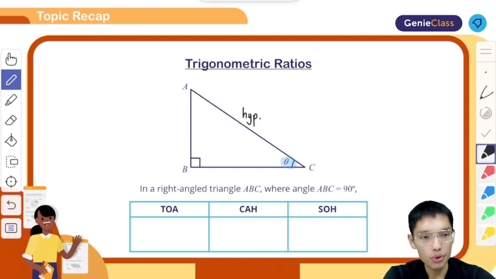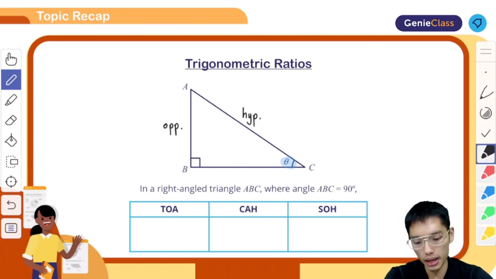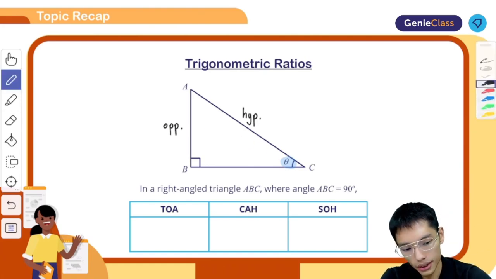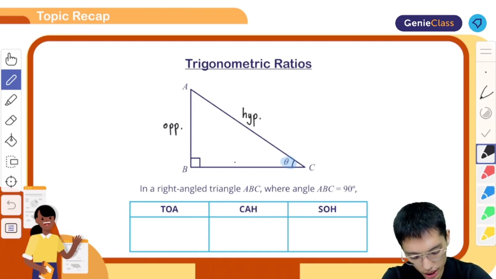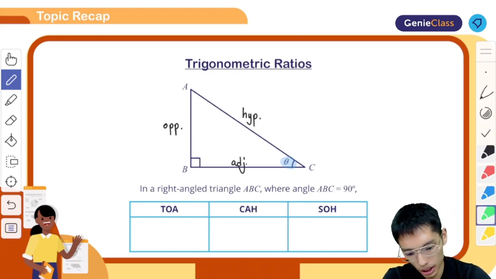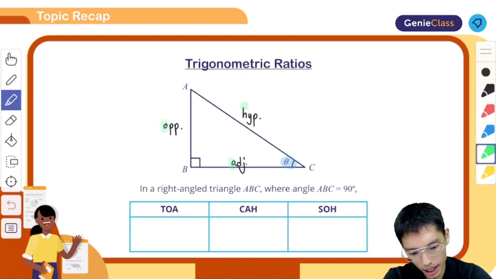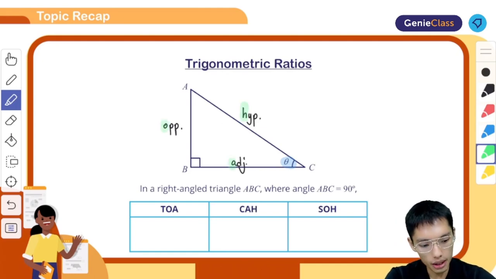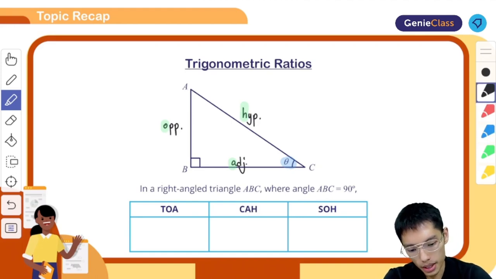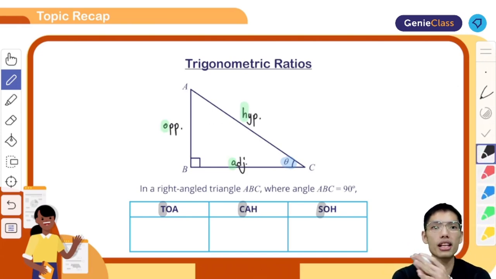Perfect. So realize over here, AB is my opposite because it's opposite my angle. And lastly, BC is what we call my adjacent, ADJ. So therefore, SOH CAH TOA, following the alphabets, O, A, and H. Each of the first letters represents tangent, cosine, and sine. Whenever we write trig ratios, we always write with reference to an angle.